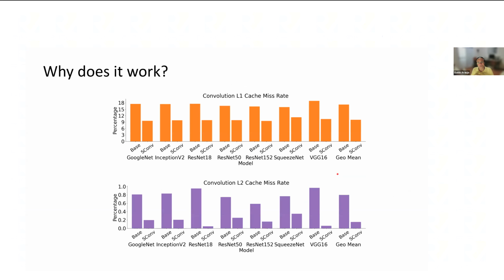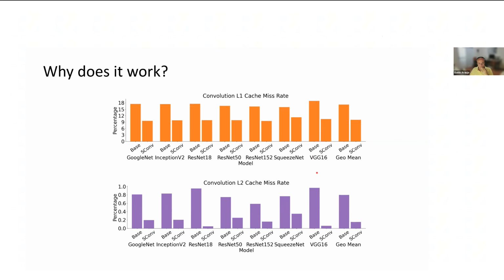All right, so why does this thing work? You basically don't do Img2col. You are using a direct convolution approach. And why does it work at the end of the day? It works because of reduced misses in caches.